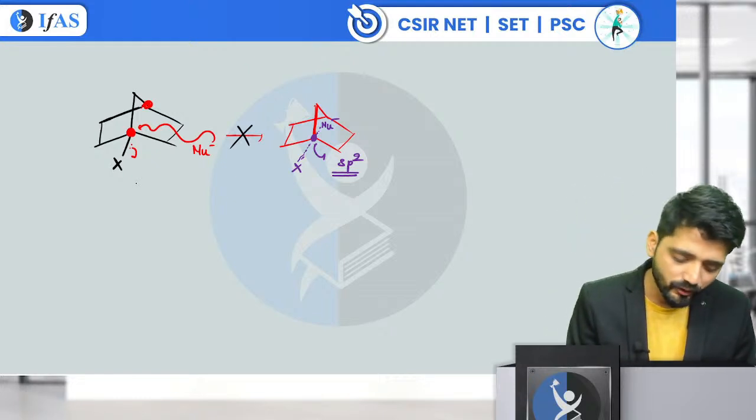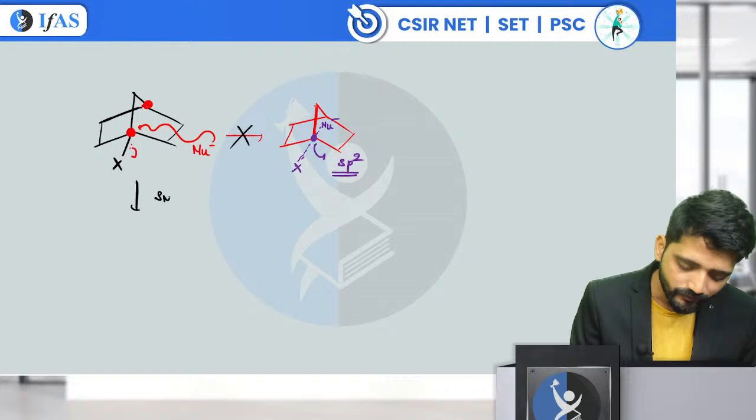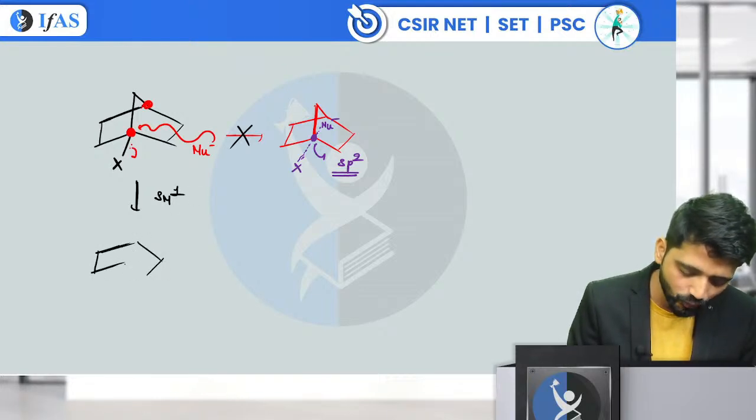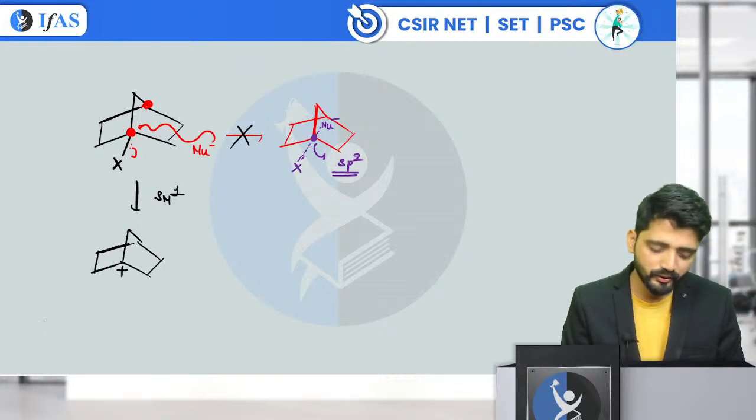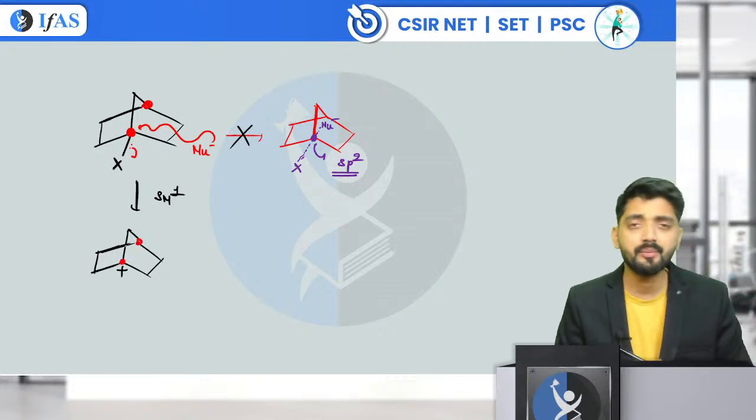And similarly for SN1 also, if you want to perform an SN1 reaction, then you will be generating a pure carbocation here, and again it is not possible to form a carbocation at the bridgehead center.